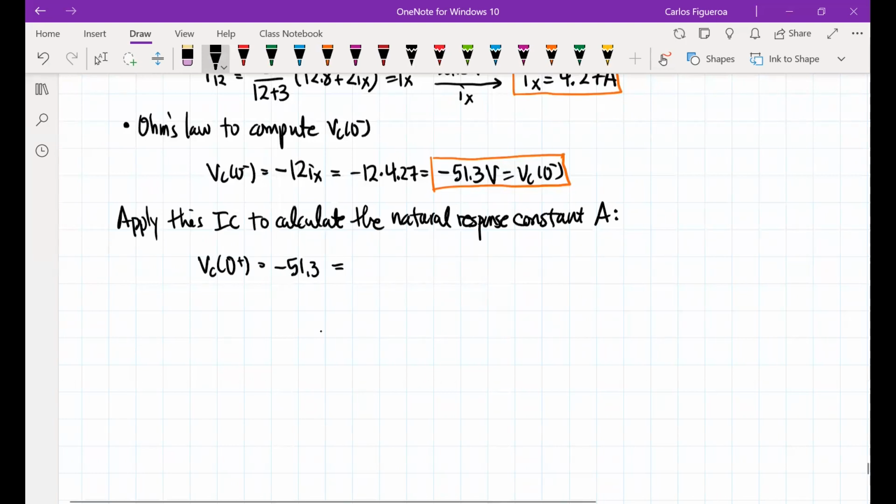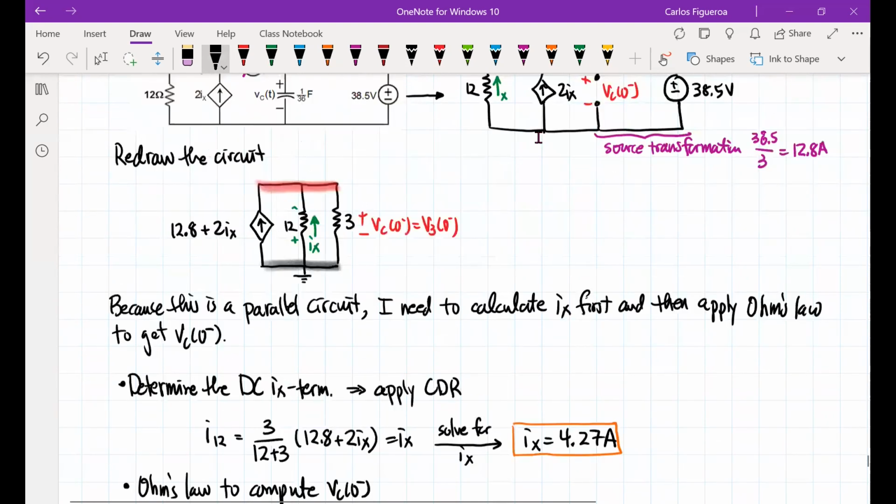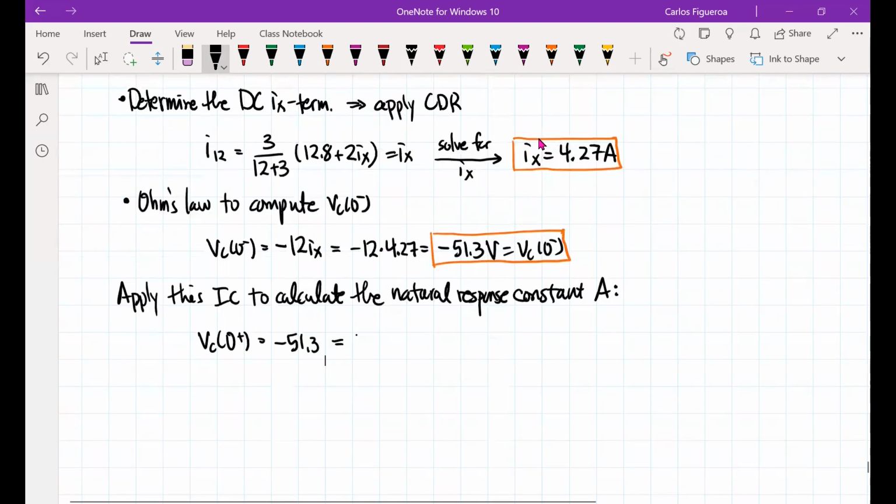Remember my equation: A times e to the 0 plus 18 e to the 0. So I get A times e to the 0 plus 18 times e to the 0. Now all I have to do is solve for A. If I bring the 18 to the other side, A is equal to minus 69.3 volts.